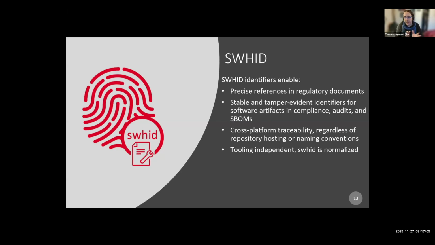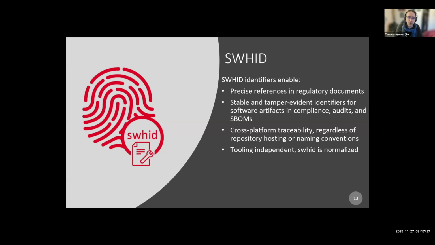So the SWID identifier enables you to precisely reference code in a regulatory document, for instance. It's stable, it's tamper-evident. You cannot change anything. So in compliance and audit or SBOM, it's really interesting to have this kind of identifier because they are really strong. It's cross-platform.